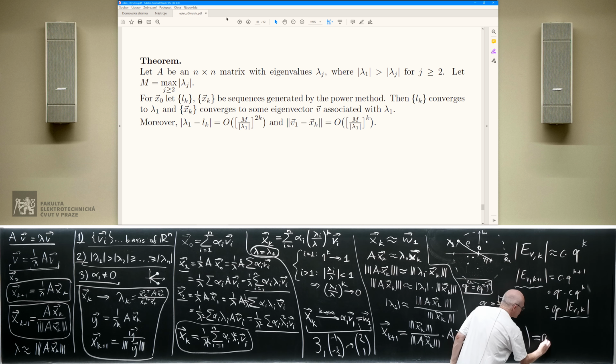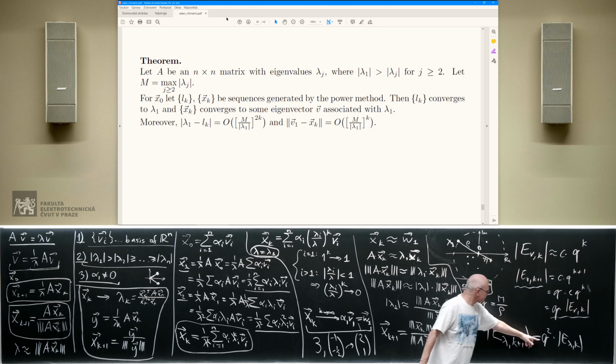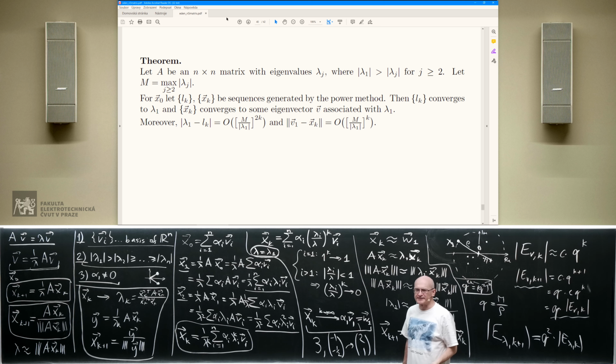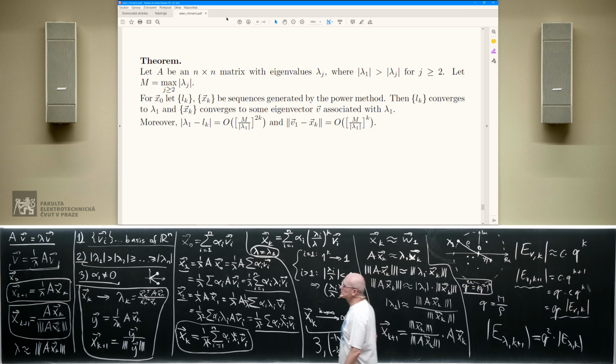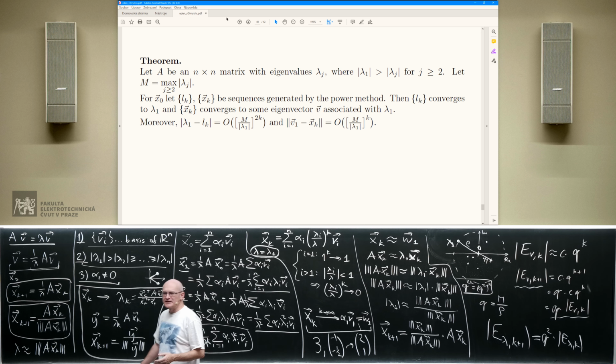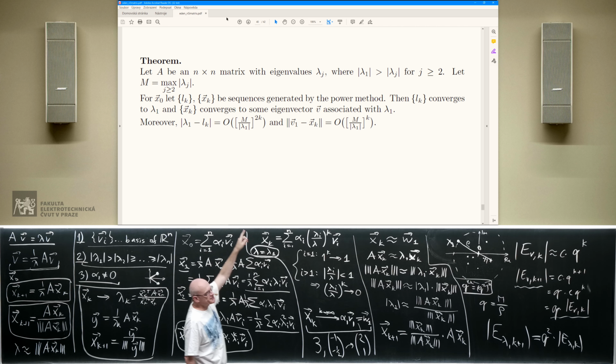So there will just be q squared times e lambda k. Again, it's a linear convergence, but this time the constant of convergence is squared, and remember, q is smaller than 1. So when you square it, it becomes even smaller. In other words, the lambdas in our iteration are expected to converge faster than the vectors.